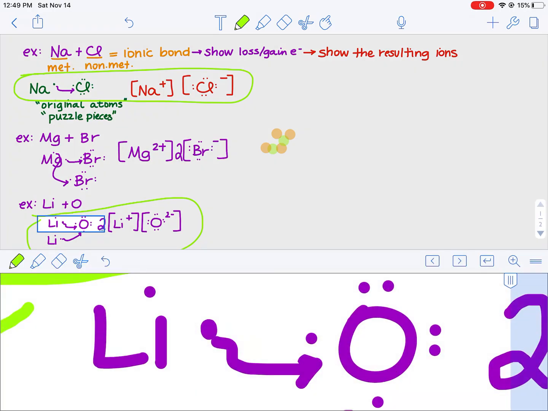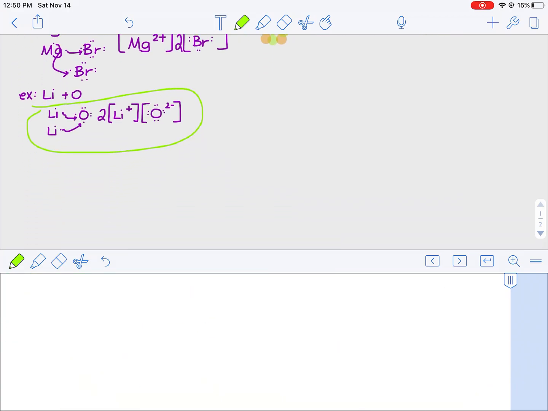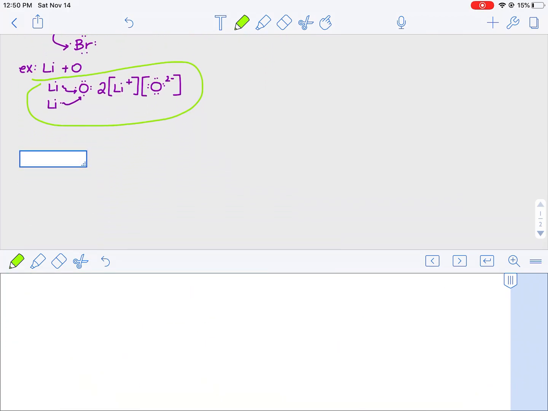Let's move on to another example, and we'll switch it up.